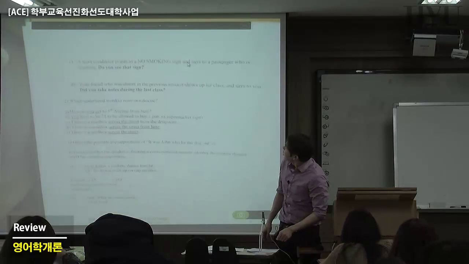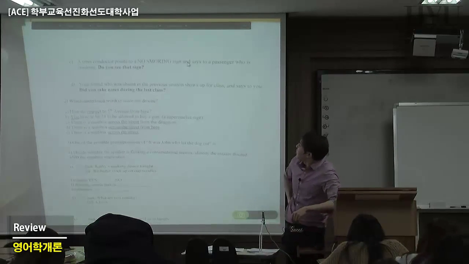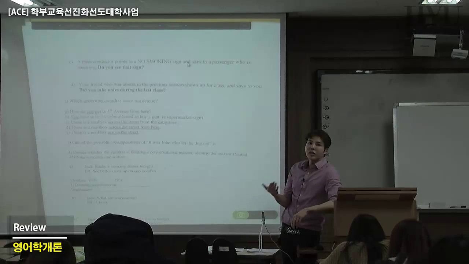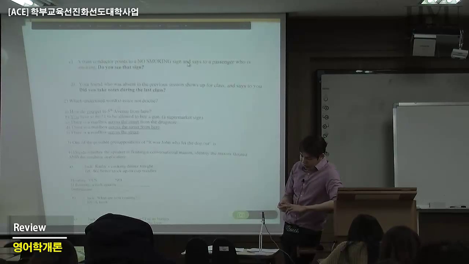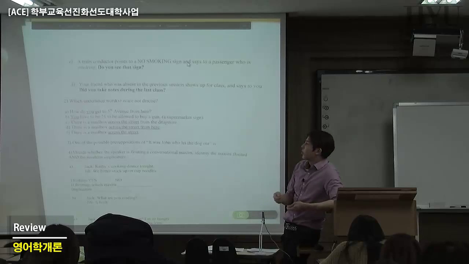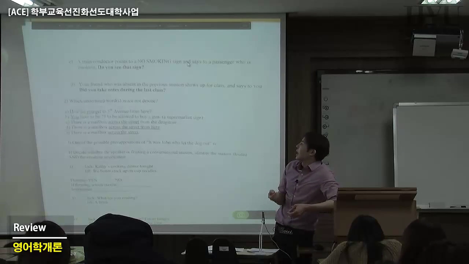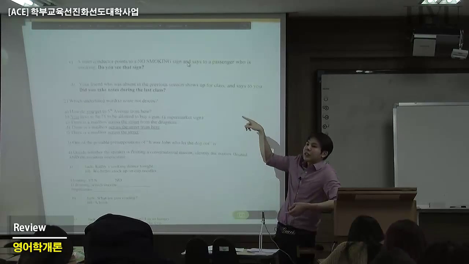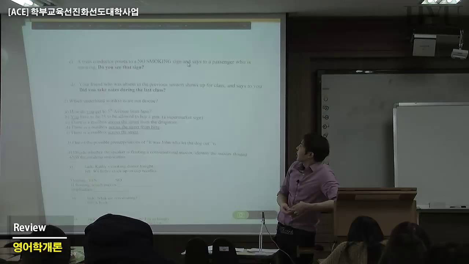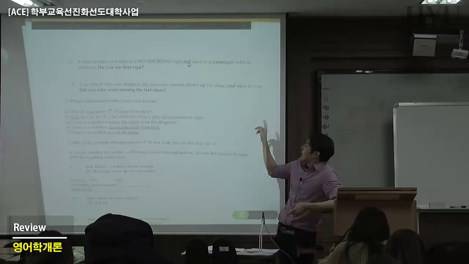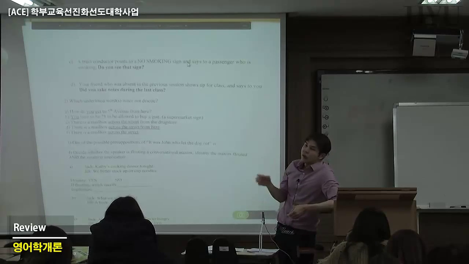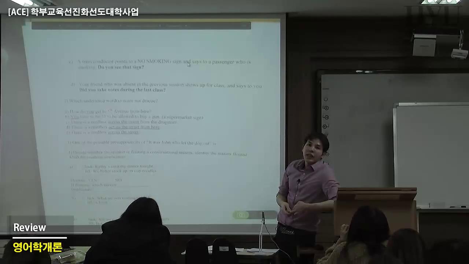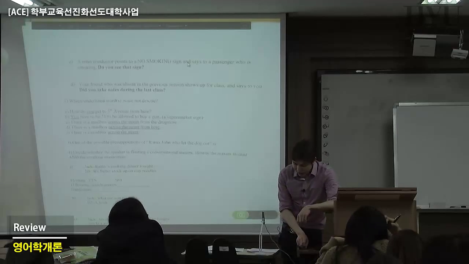Let's see. A train conductor points to a no smoking sign. So this is on a train. A train conductor, a person who just checks whether you have the ticket or not, points to the sign on the train that says no smoking, and he says to you, and you are smoking, "Do you see that sign?" Okay, do you see that sign?